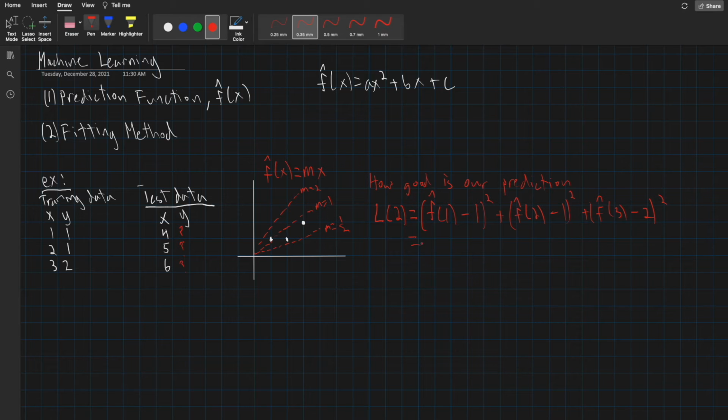So then this is equal to, so if we're looking at L of 2, that means m is equal to 2. So remember, our loss is actually a function of our slope.